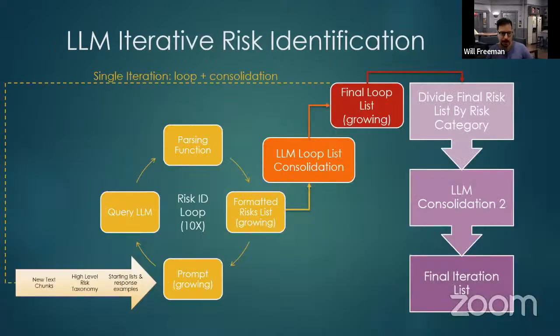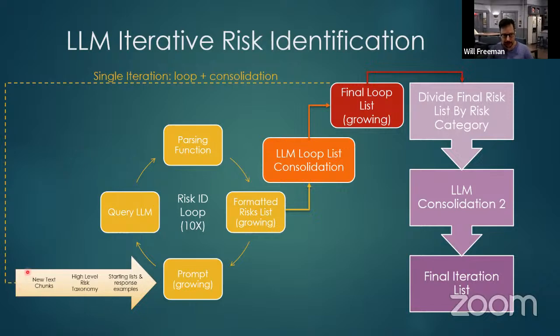So this is the process I tried first. See if I can get a little highlighter pen here. Okay. So we have two separate processes that are split here. What I did was create an iterative loop.